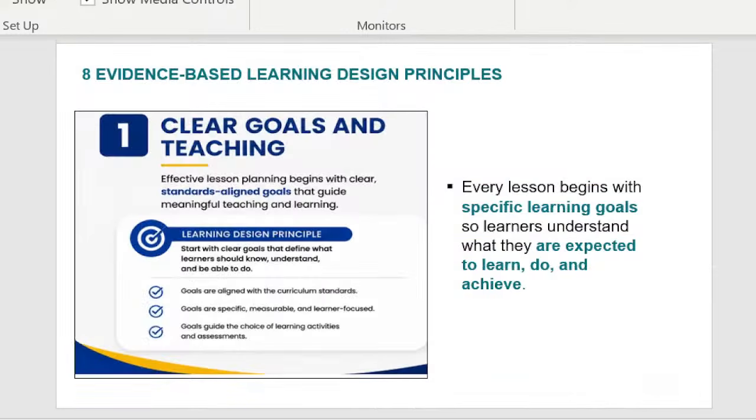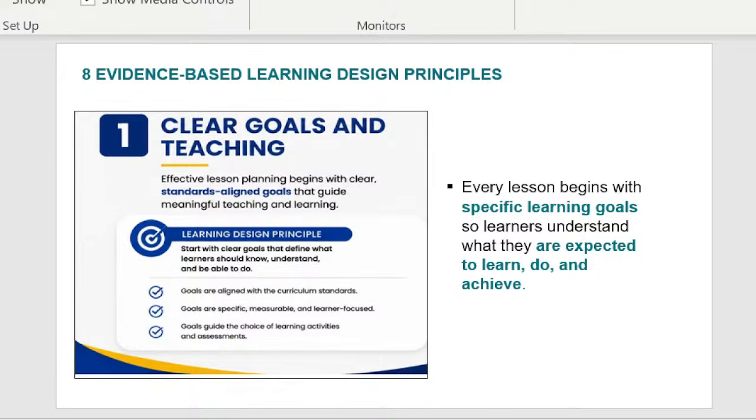These are the learning design principles. Number 1, clear goals and teaching. Every lesson begins with specific learning goals. Learners understand what they are expected to learn, to do, and achieve.